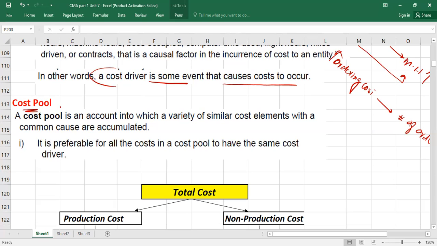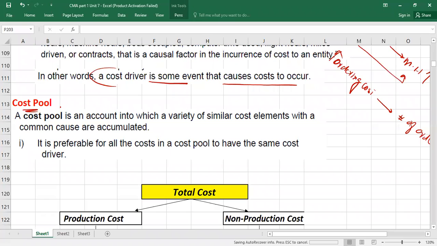As you are accountants, you can understand it in terms of a ledger. A ledger is one pool. Let's assume you have a ledger account for rent. Every time, rent cost you will put into the rent ledger, right? You will never put rent cost into the salary ledger. For salary cost, you also have a pool, the salary ledger. Every time, you will write salary expense into the salary ledger.